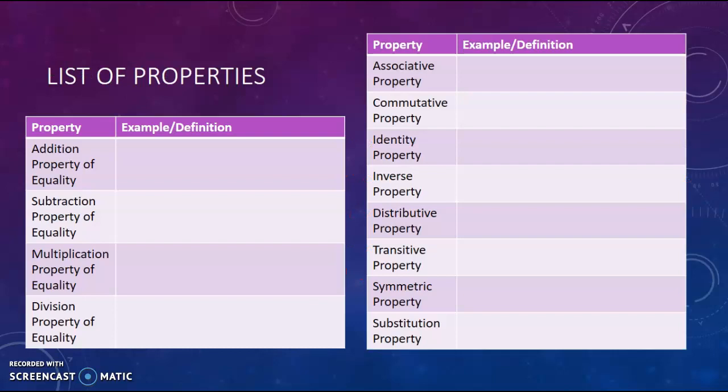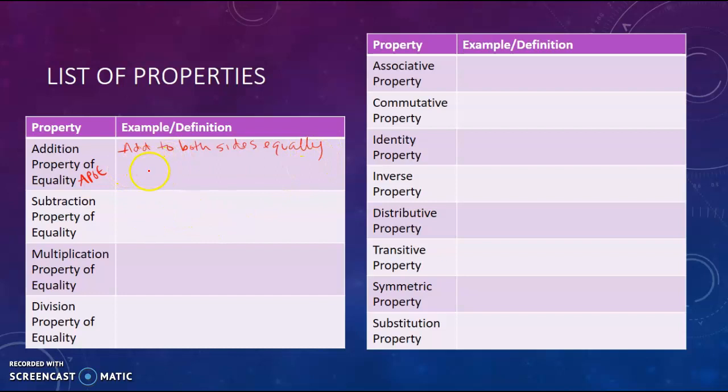All right, so list of properties. I have started here with the addition property of equality. That's what I like to call APOE. And so that is when we add to both sides equally.